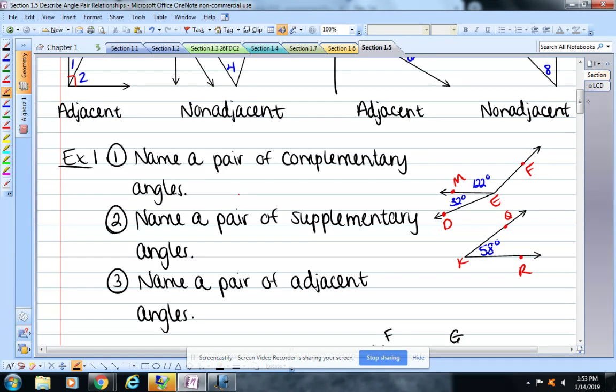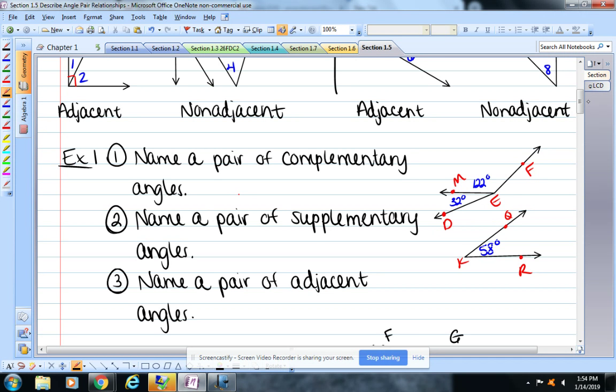So are there any two angle measures, because we only got three, that add to be 90? DEM, which is this 32-degree angle, and QKR. Does that add to make 90, 32 plus 58? No, it's the figure. The whole thing is the figure.